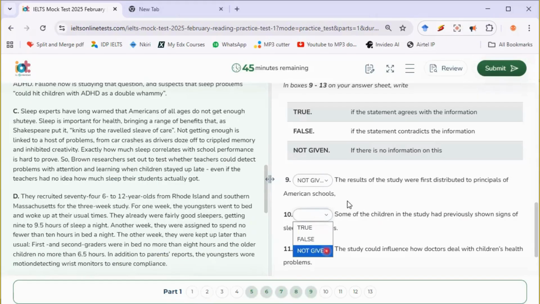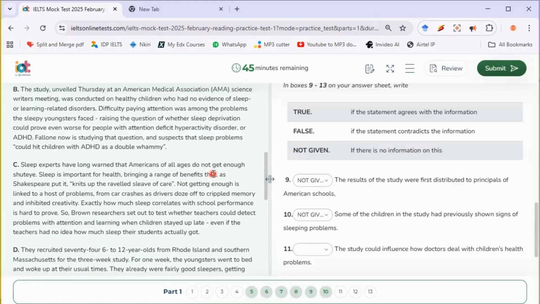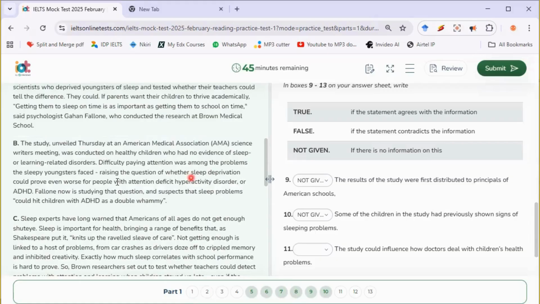But if I base my answer on something that they wrote here, they said that what? Brown set out to test whether teachers could detect problems with attention and learning when children stayed up late. No, this place here. Raising questions on whether sleep deprivation could prove even worse for people with attention deficit hyperactivity disorder or ADHD.